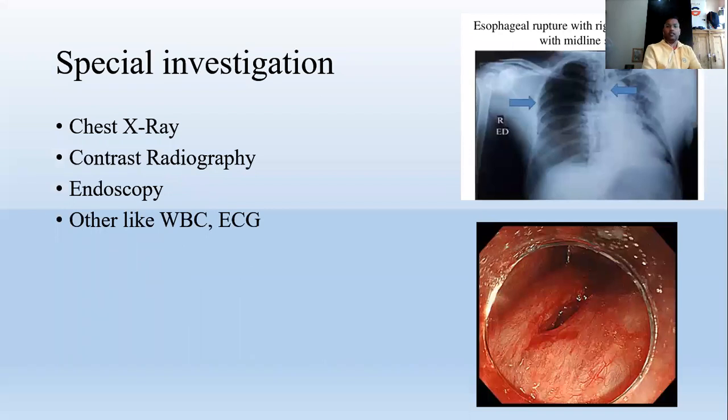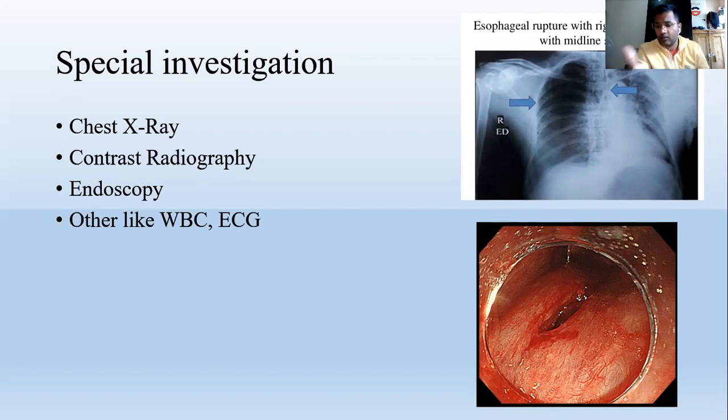The investigations require a chest X-ray. What do you get in the chest X-ray? The side where the esophagus is ruptured, that side of the thorax gets air, because if the esophagus is ruptured, air enters the mediastinum and shifts the trachea to the opposite side, and pneumothorax occurs.